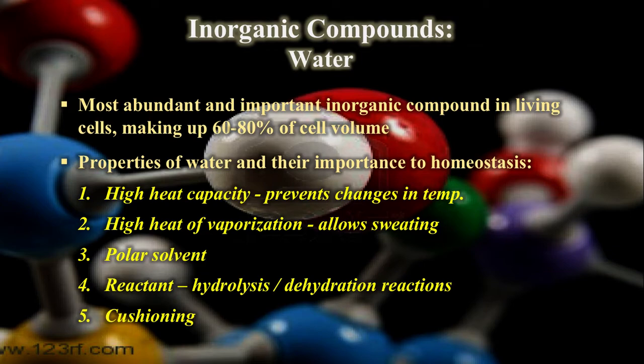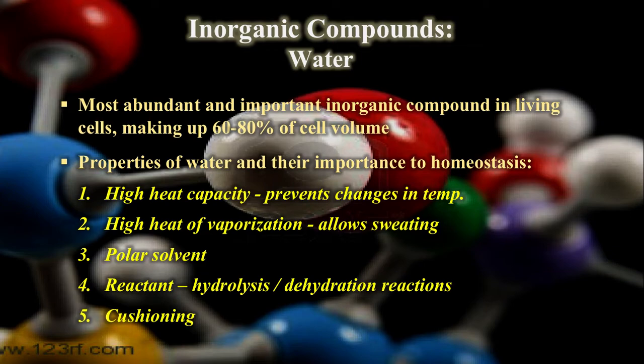Number two is high heat of vaporization. So this relates back to our high heat capacity. But water, as you know, can be found in three different phases: a solid, a liquid, and a gas. Right? So this heat of vaporization is the energy required to change from a liquid to a gas.